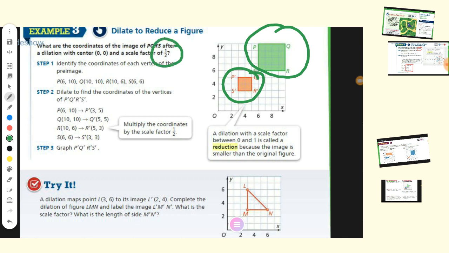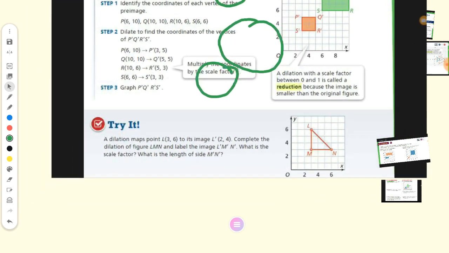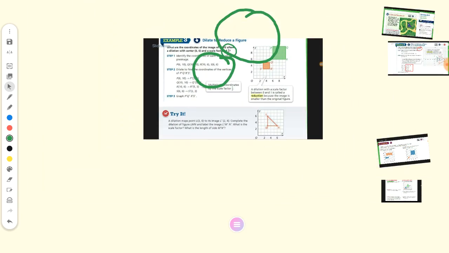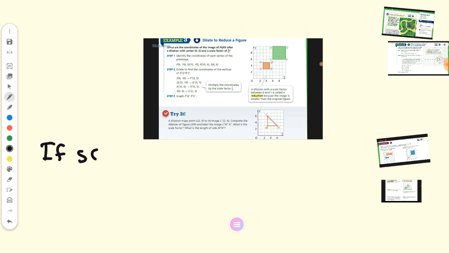It's important to note here, if the scale factor is greater than 1, that means it's enlargement.